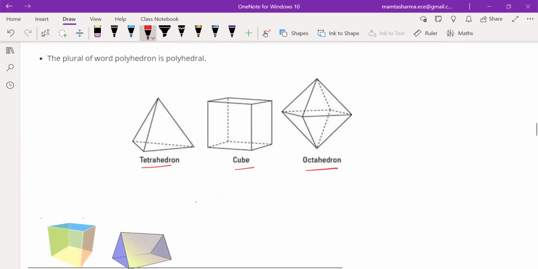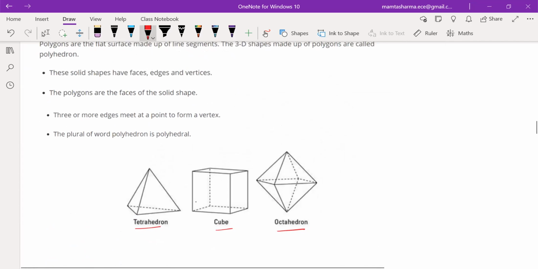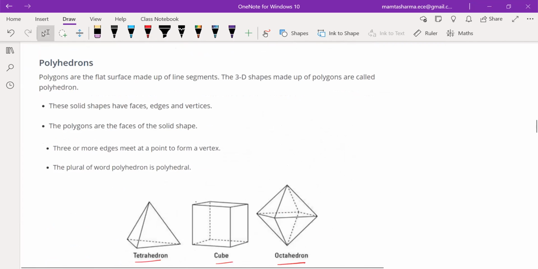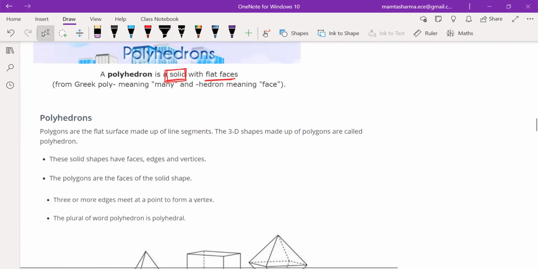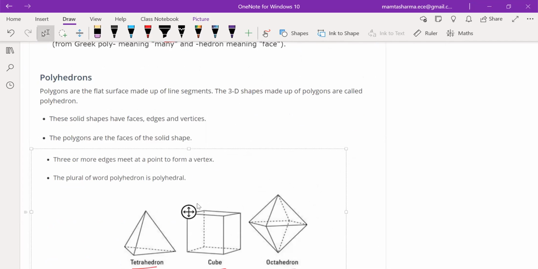They are solids, and their faces are flat.